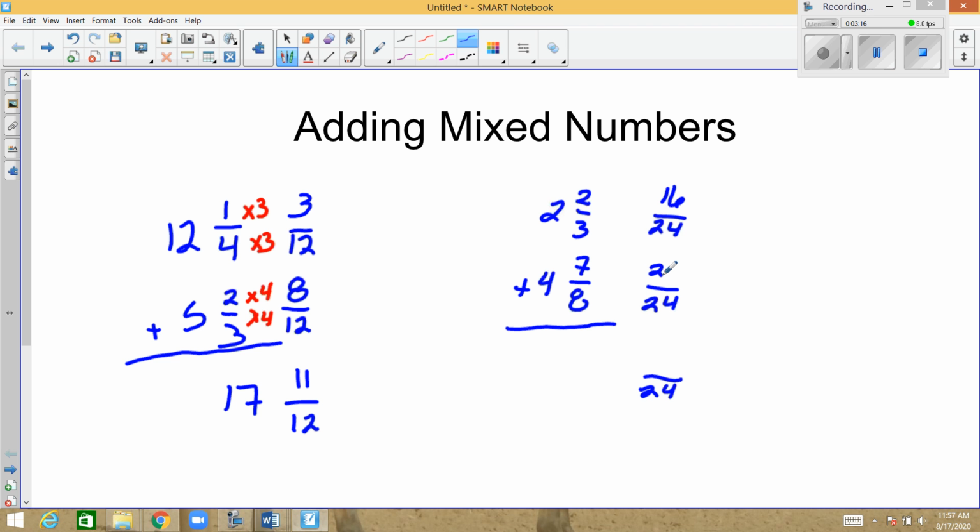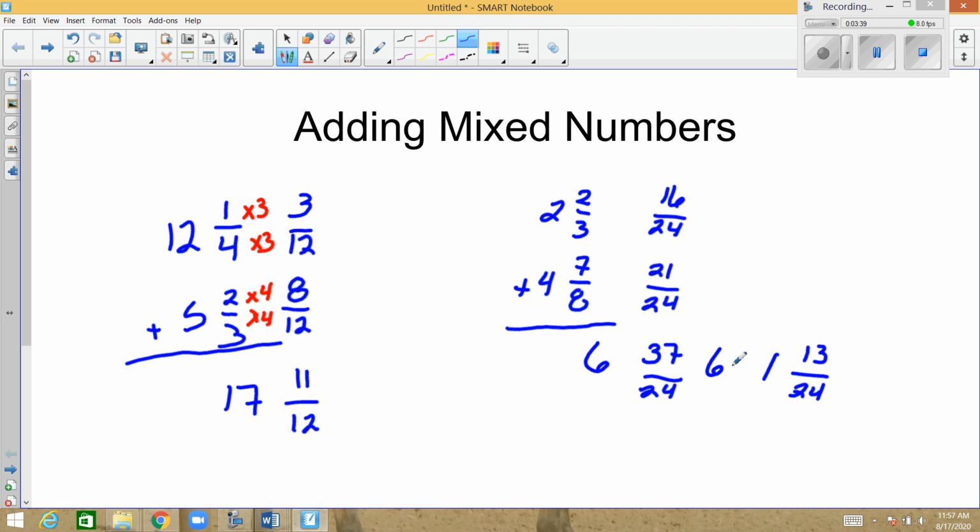I get 21. And what I'm going to do now is add and get 37. And you notice I've got a mixed number sitting up there. So 2 and 4 is 6. I can't leave this number like that. So really, this is 37 divided by 24, which is 1 with the remainder of 13.